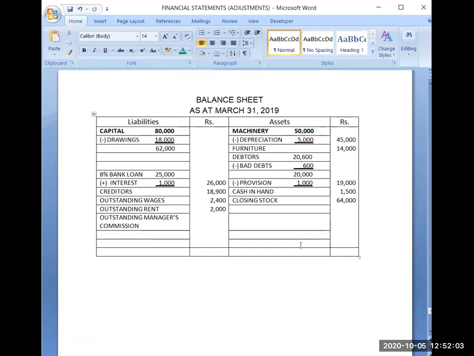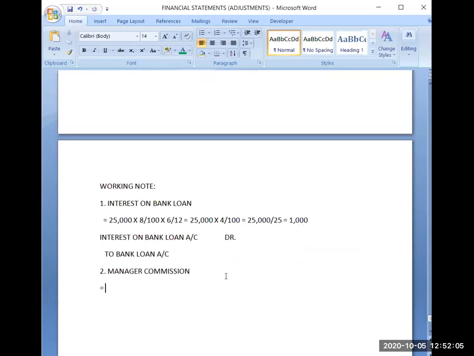So, but I cannot calculate that commission directly. So that's why I will use the formula 32,200 multiplied by 10 upon 110. Rate upon 100 plus rate.